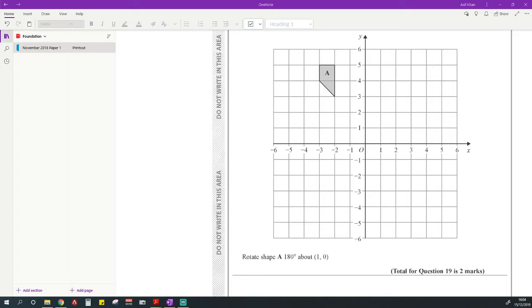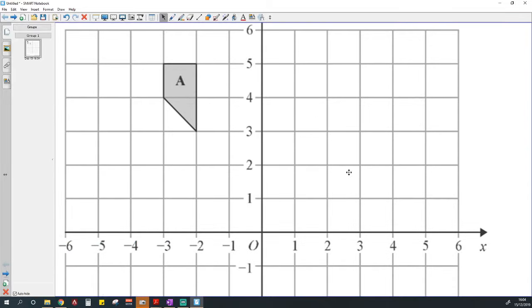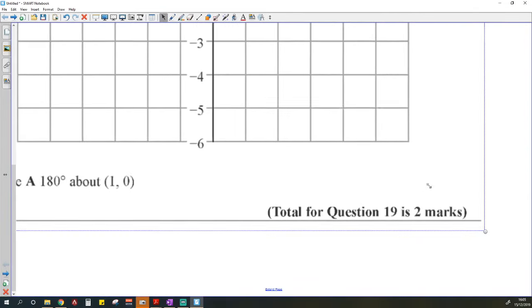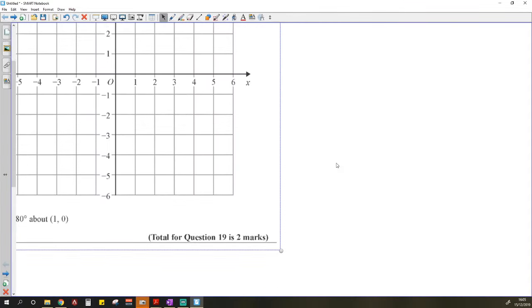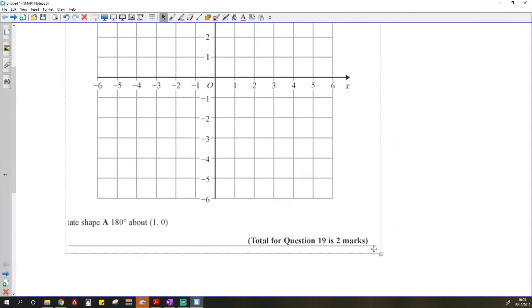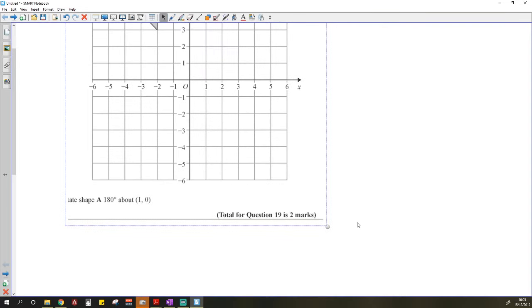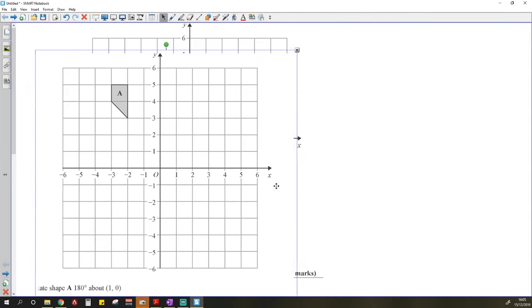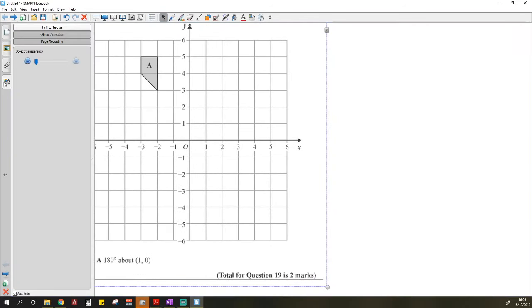Just bear with me one moment. Okay, I can maybe show you the rotation in this app instead. So I'll make it just a bit smaller. So we want to rotate this shape 180 degrees about 1, 0.